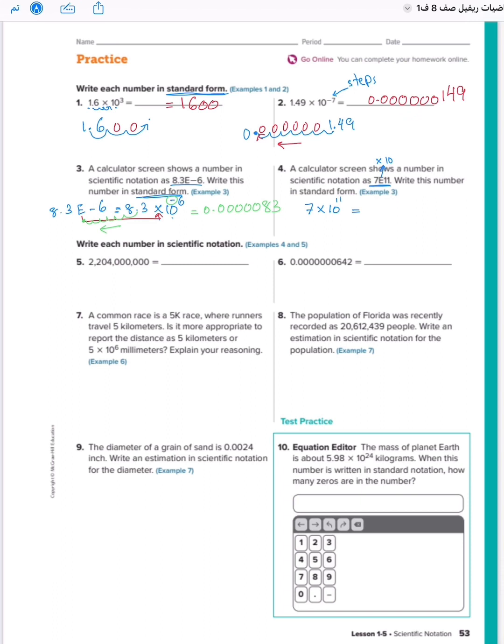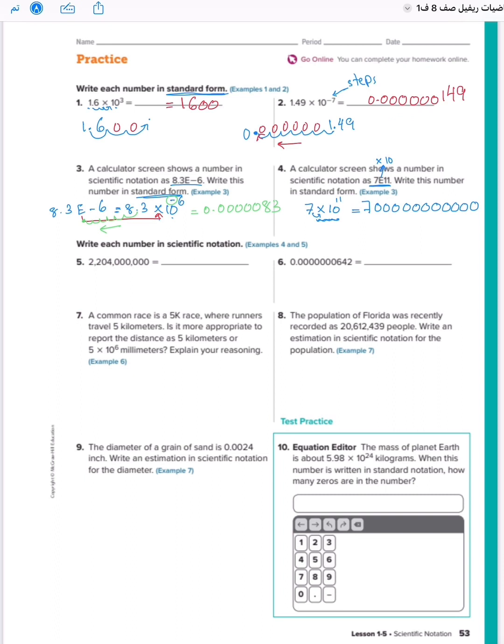Standard form means delete the times 10. So how many steps? 11 steps. As we say, if we don't have any point, the point is at the last, on your right-hand side. So we have this point here, and we must move 11 steps. There is no number here, so move it like that, 11 steps. So 7, then 1, 2, 3, 4, 5, 6, 7, 8, 9, 10, 11.